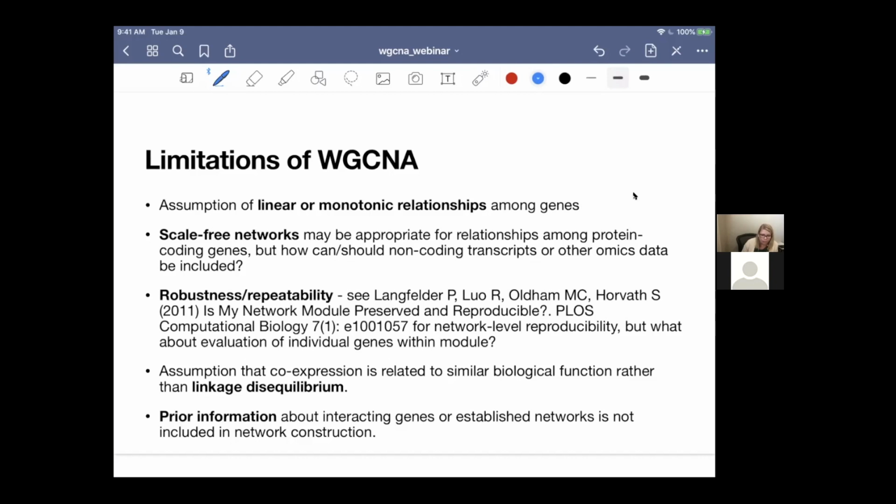There is some work on robustness and reproducibility of these modules, and I refer to a paper, again, by Langfelder and Horvath that has some tools on how to judge whether or not your particular model has been preserved or reproducible. And so in the end, from the methods that they propose, you get an overall value for your network. And sometimes we actually want to know more about specific connections within the network.